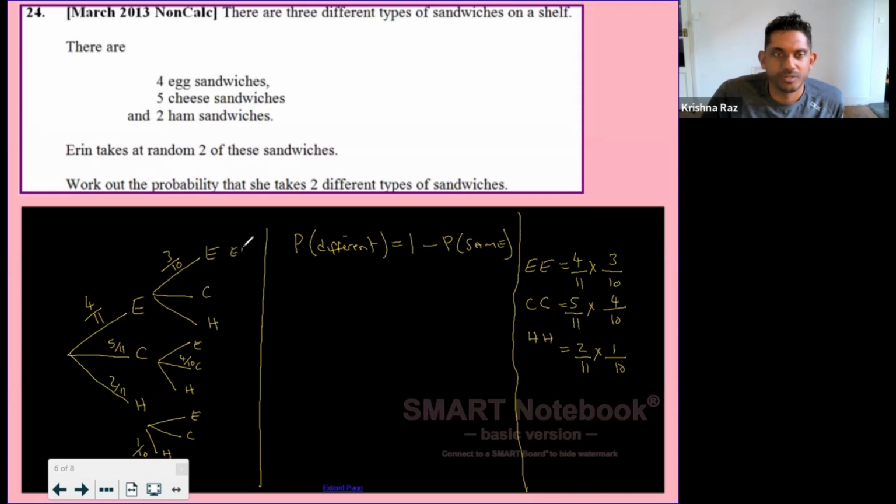So if you did the tree, you would have figured out egg, egg, cheese, cheese, and ham, ham, which we've done here. So we have 12 out of 110, 20 out of 110, and 2 out of 110.